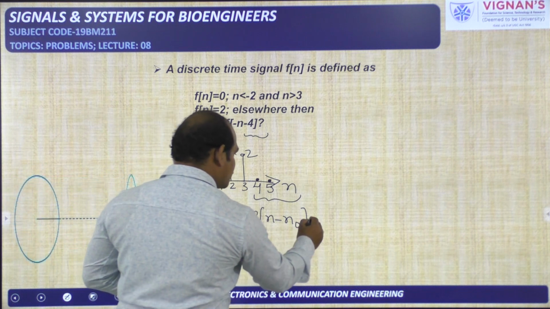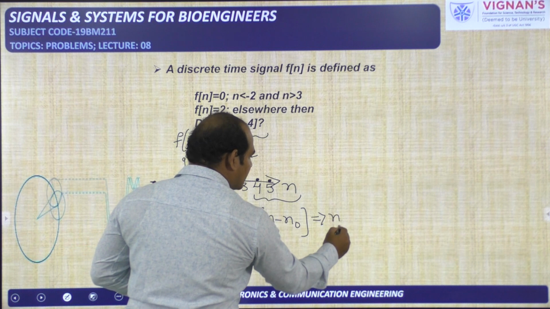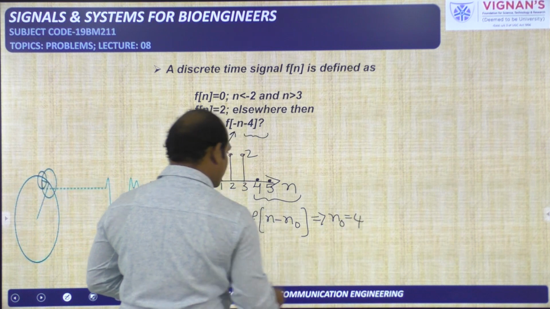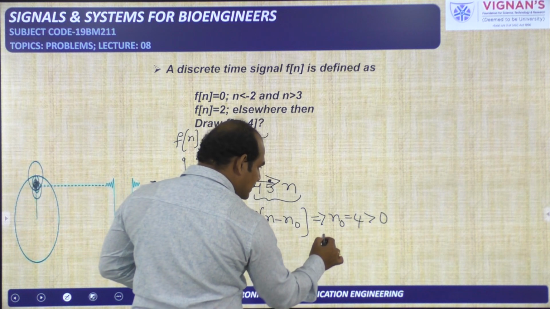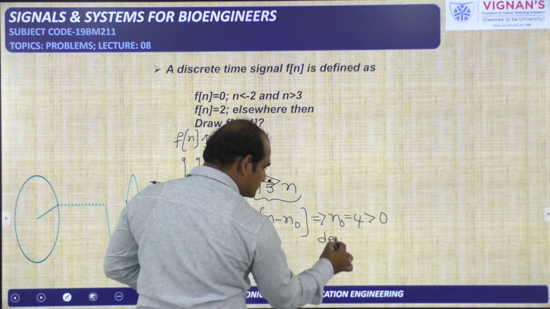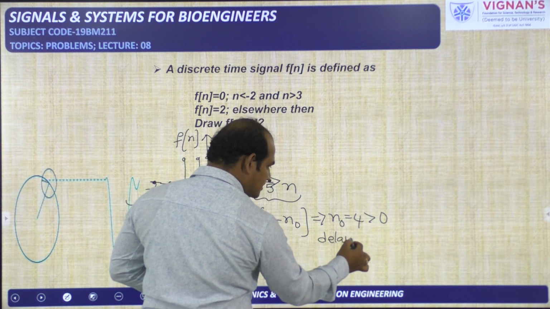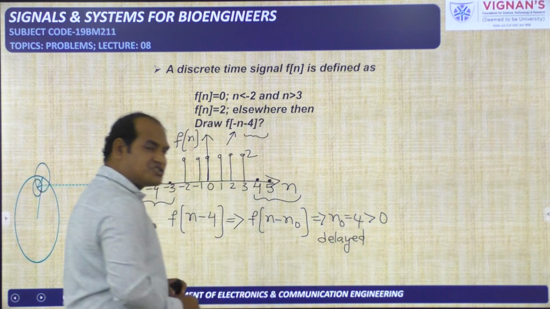By comparing these two, I got the n naught value is 4, which is greater than 0. That means I will get a time delayed version, because it is positive.